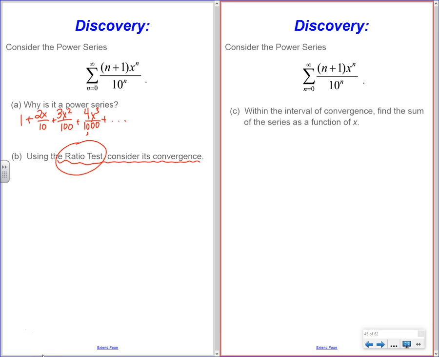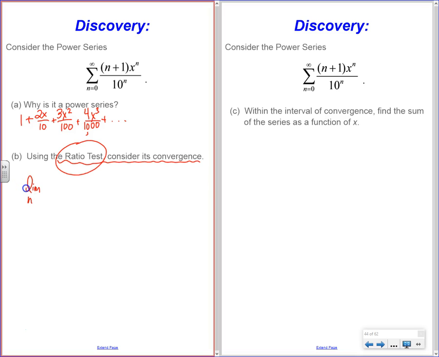So this is where we ended, and we said use the ratio test to consider its convergence. What is the ratio test? It's the limit as n goes to infinity of a sub n plus 1 all over a sub n. According to what we have here, we're taking the nth term formula.